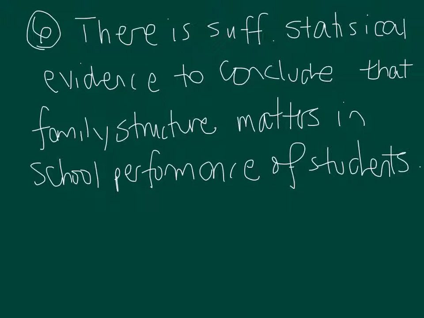So that's our conclusion because we rejected H0, that they were not related, they were independent. We went with the alternative, that we had enough evidence to believe that there was actually a relationship. They were dependent upon each other, and so that's why we have sufficient statistical evidence to conclude that family structure does matter in school performance of students.